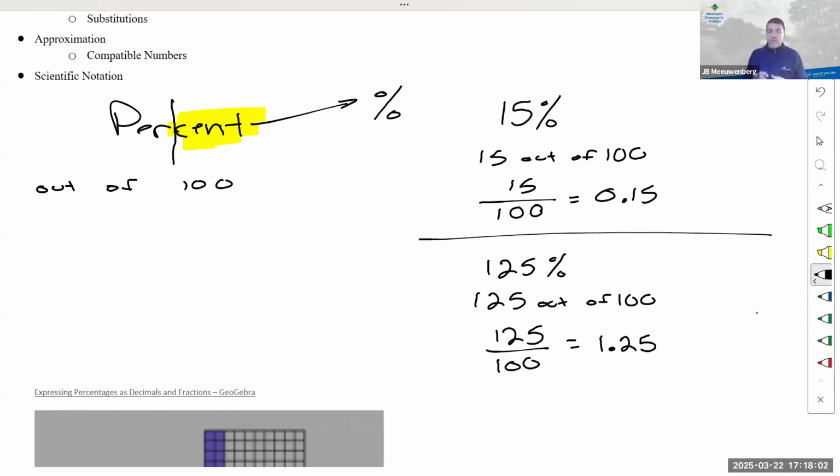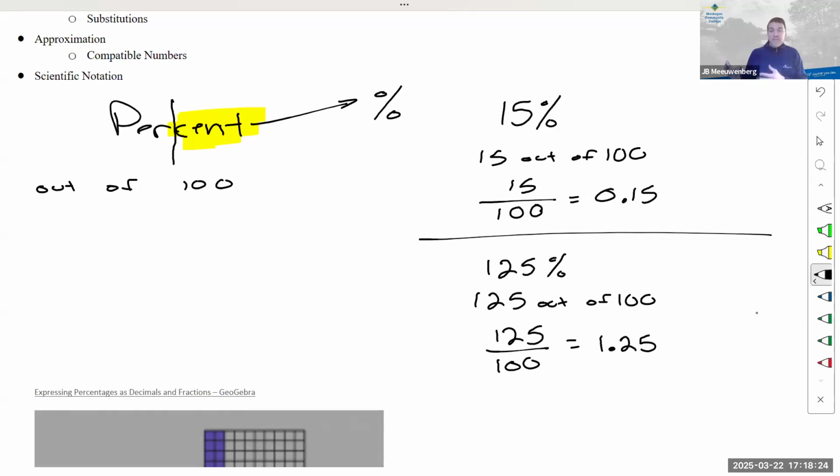I think the easiest way to look at that is when something changes over time. And we'll see some of these applications later. But if something doubles, say we're talking about the price of a good, and the price went from $10 to $20, we say that it went up by 100%. It went up by itself.